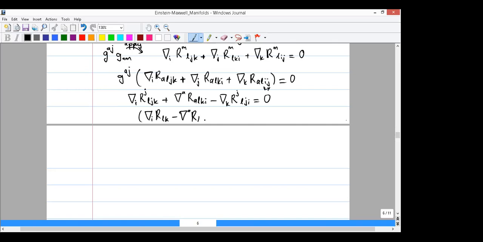If you see any typo, please just inform me about it. I can't check this, but in any case, it equals 0. I didn't do anything, just wrote this by definition. And here I just change the first and second index. And let's apply another inverse metric here.